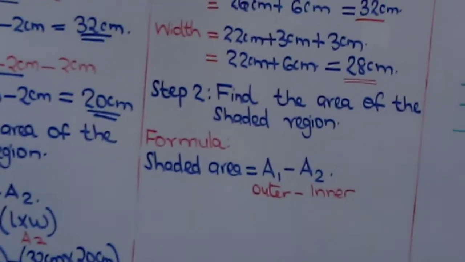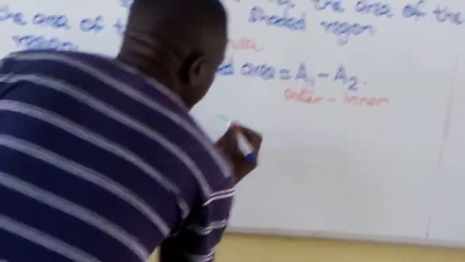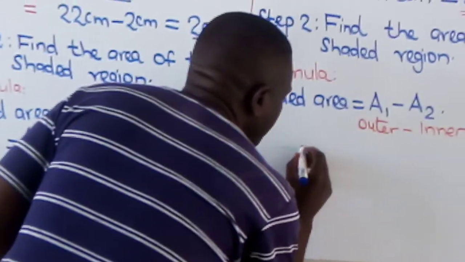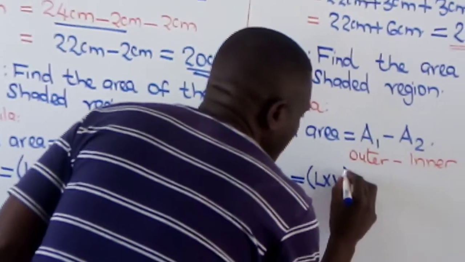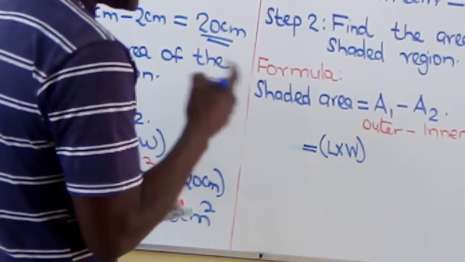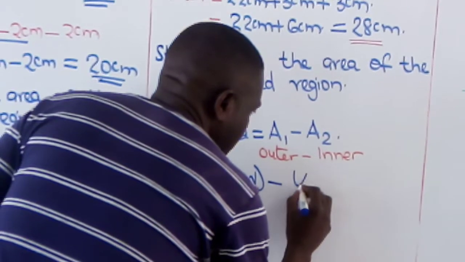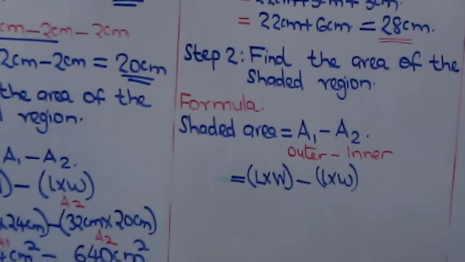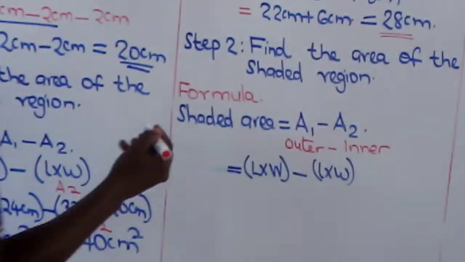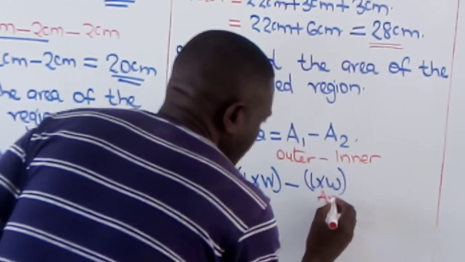And so we say area 1 will be length times width, because it's a rectangle, and that's the formula for finding the area of a rectangle, minus length times width, again because it's a rectangle. We use small letters to differentiate. Correct. So that is area 1 and that is area 2.